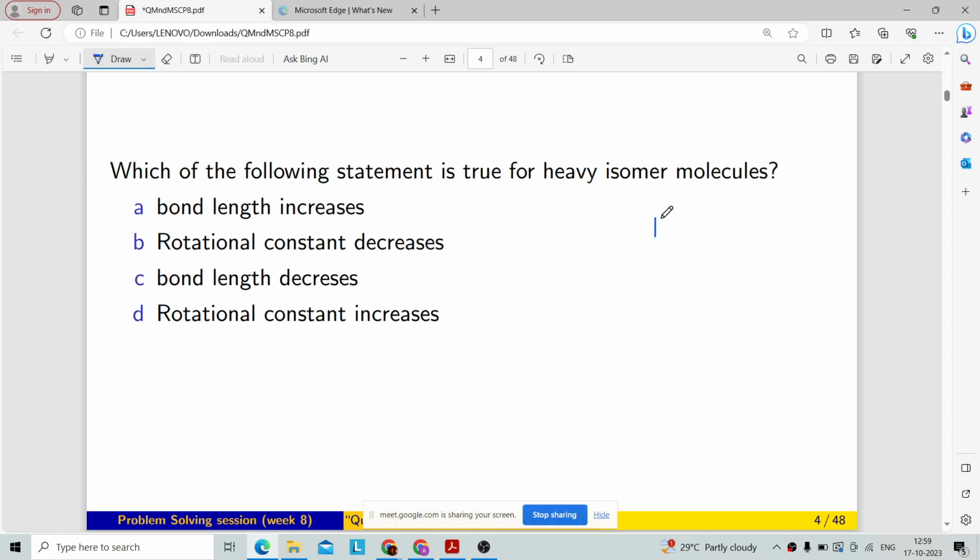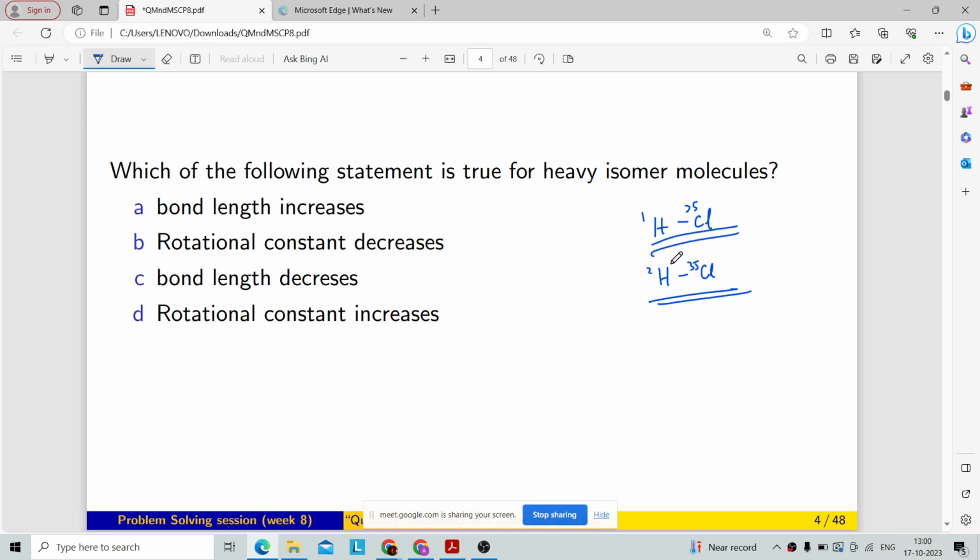There was some molecule, HCl, and an isomer of this is DCl. So this is a heavier molecule than this one, right?